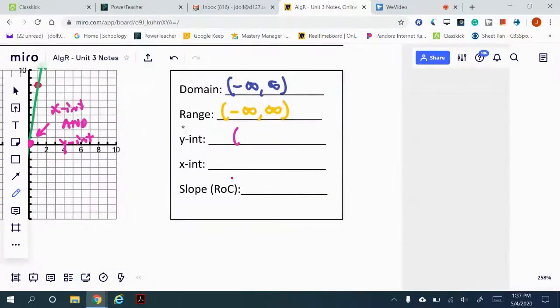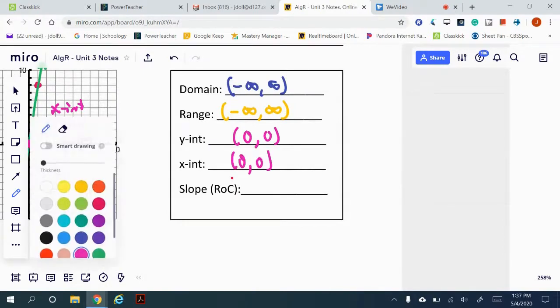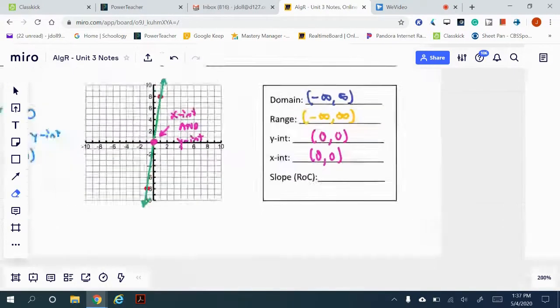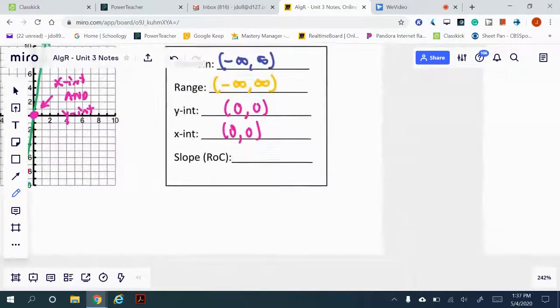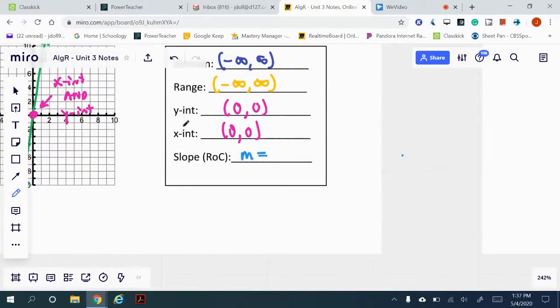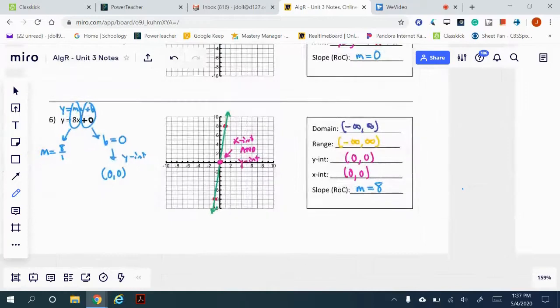The origin is a special point. That's why it gets its own name, and no other point gets called a special name, because it's both the x and y-intercept at the same time in this graph here. Our rate of change, we already found from our equation, was 8. And there we go. That's what we'd get.